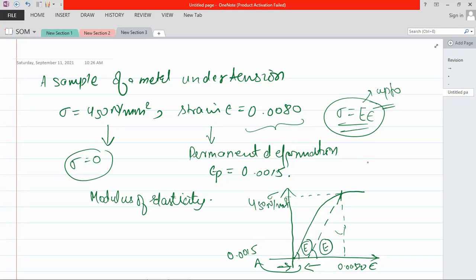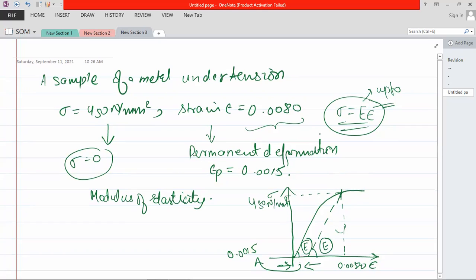Because now the material is permanently elongated, but the elasticity will not change. So if I write the equation of line between point A and point B, what is the slope? Suppose tan theta is equal to E. Sigma A minus sigma B upon epsilon A minus epsilon B. This is tan theta, the equation of the line, that is equal to E.